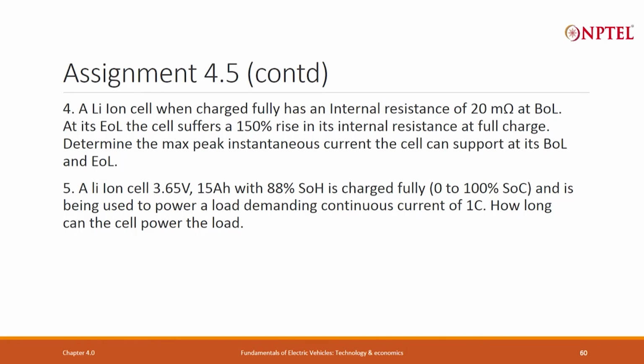There is another one: a lithium ion cell when fully charged has an internal resistance of 20 milliohm. At its end of life, the cell suffers a 150% rise in internal resistance.